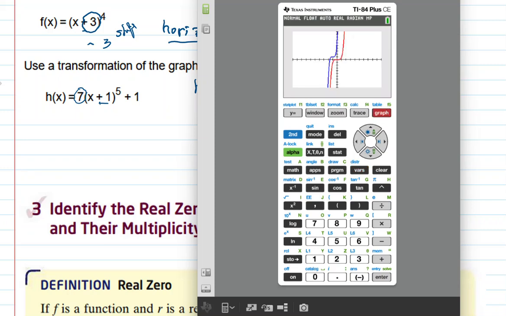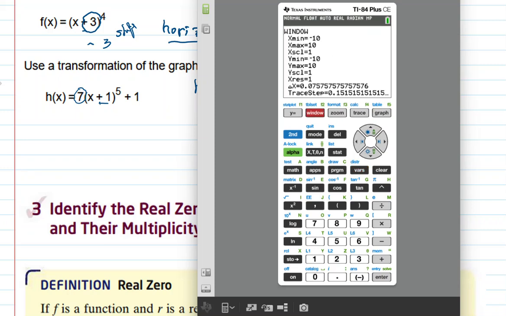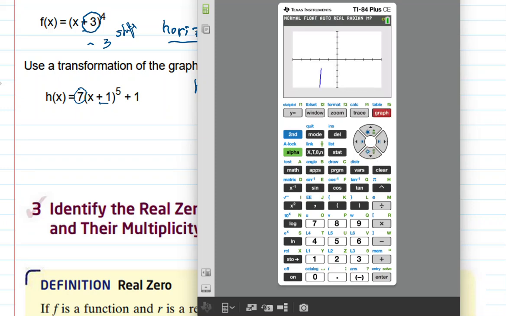Oh, I'm frustrated on my simulator. I'm just going to change this guy. I'm going to do -5 and +5 on my window. And on this guy here, I'm going to put it as -5 and 5 for the Y. And that'll do the same thing.